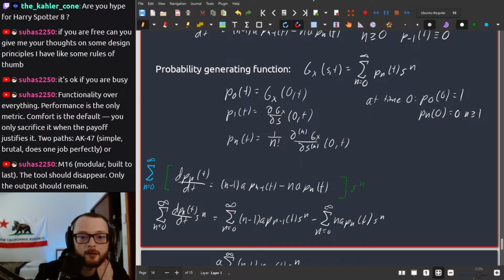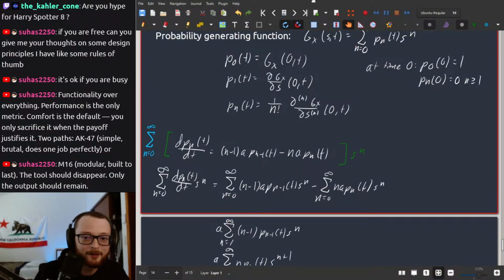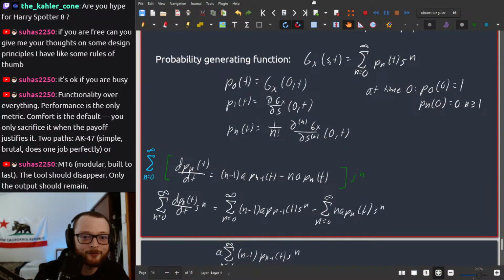So g of s comma 0 is equal to 1. There are no s's involved because we just want p_0.